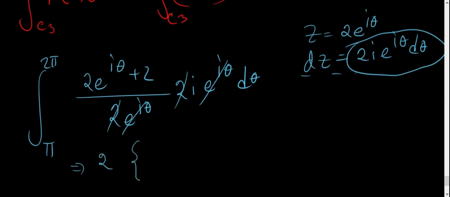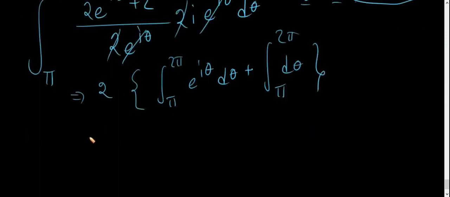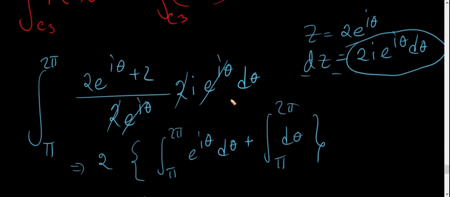Finally what you have is the integral from pi to 2 pi of e to the power i theta d theta plus the integral of d theta from pi to 2 pi. Now you can easily carry out this integration. Oh wait, yes, I missed something, I'm sorry about that.